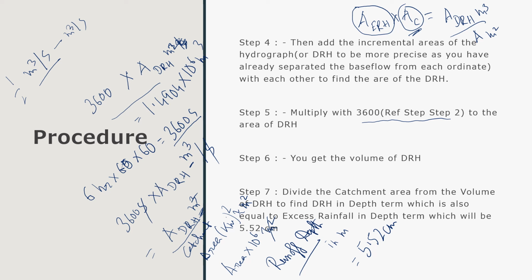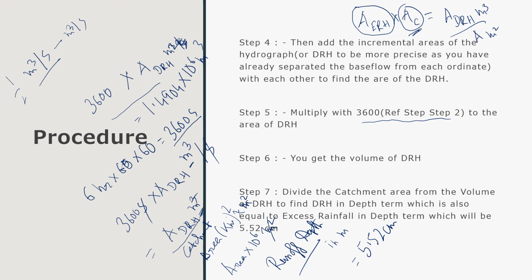It is due to the same reason why area of DRH is represented by meter cube. I have already discussed, because all the ordinates of a hyetograph are given in terms of intensity of rainfall, which is generally in meter per hour or centimeter per hour. So this is why this area of ERH will also come as meter or centimeter when you multiply 3600, or if it is in hour, only 6 with this area under ERH term.